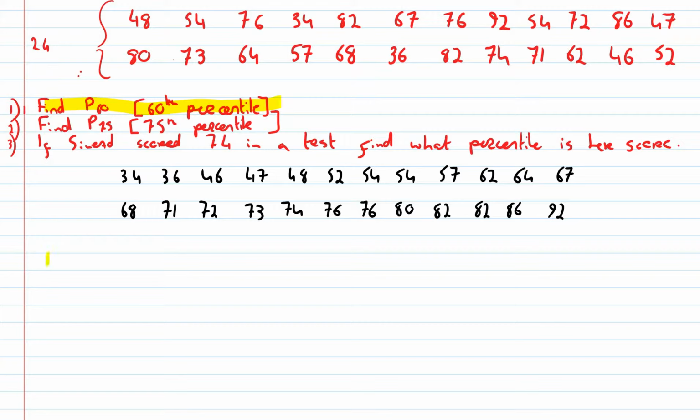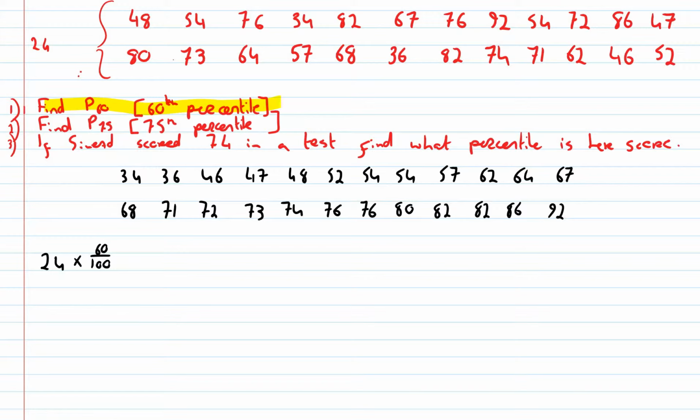I look at 24 numbers, because there's 24 numbers in the data, and I want to multiply that by 60 over 100, which is 60%. So I want to get 60% of the way into that data. Or another way of saying it, if I start here, I want to go up through the data until I get 60% of the way into it.